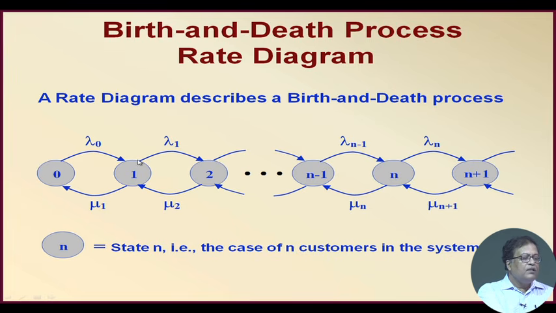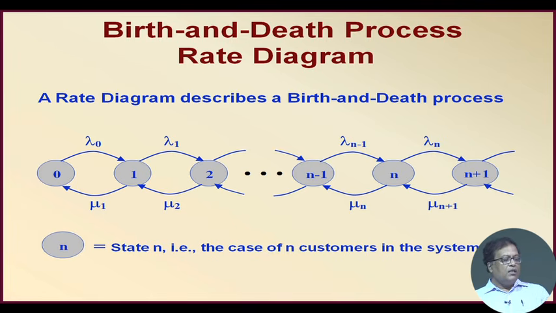So, you can see it is very simple: you simply draw the states and draw the arrows in such a manner that from 0, a customer arrives, it becomes 1, another customer arrives, it becomes 2, another customer arrives, it becomes 3, and so on and so forth. Now, how is it general?